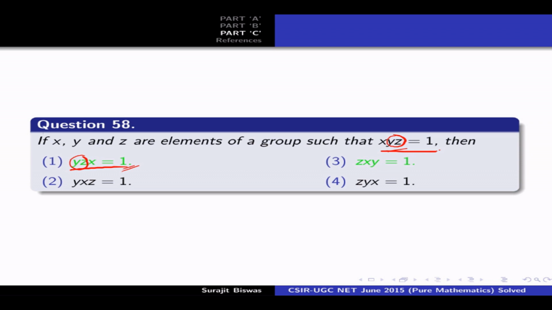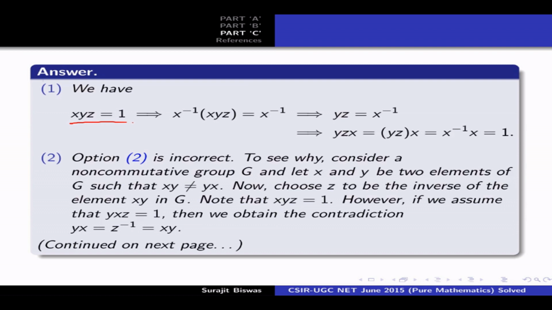Similarly, for this, xy appears in the same order, so by right multiplying by z inverse and then left multiplying by z inverse, we will have this condition. Let us elaborate.